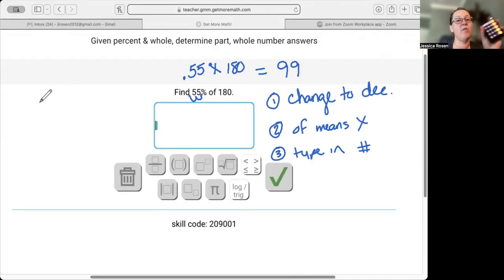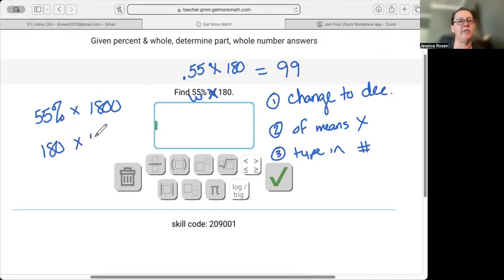Depending on what calculator you're using, you can type this in and know that of means multiply. Based on the commutative property of multiplication, 180 times 55% is the same exact thing. Either way, it's going to get you 99.